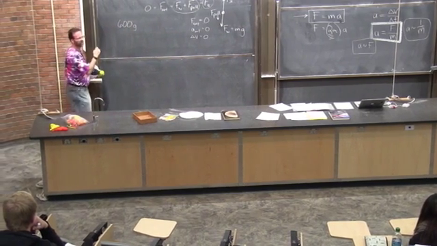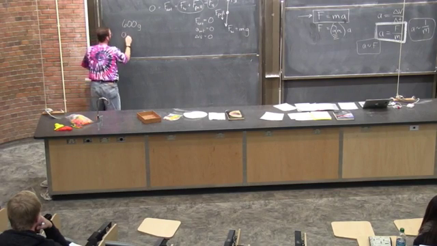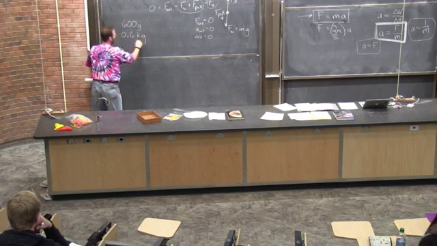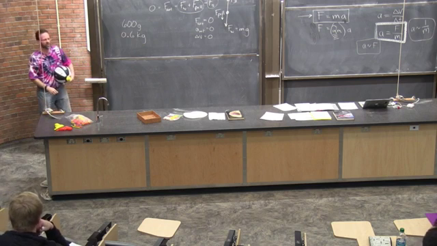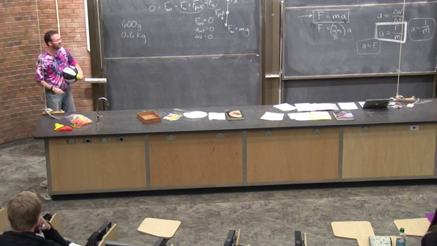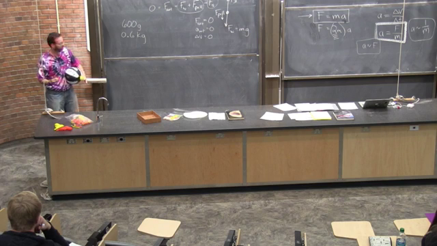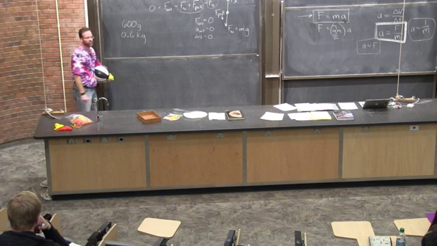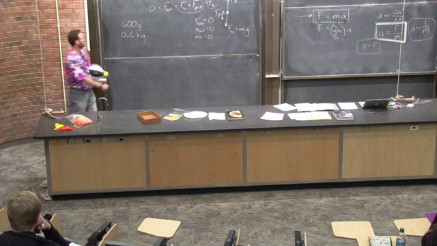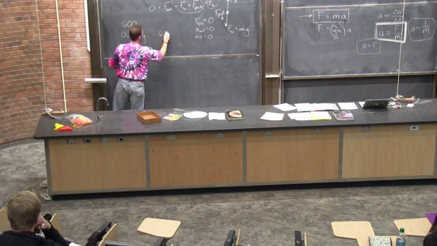How many kilograms is that? 0.6 kilograms, because there's 1,000 grams in a kilogram. So we change it by a factor of 1,000. That's its mass. So what's its weight? There you go. Multiply that by the acceleration due to gravity, 10. And yeah, you get 6 newtons.